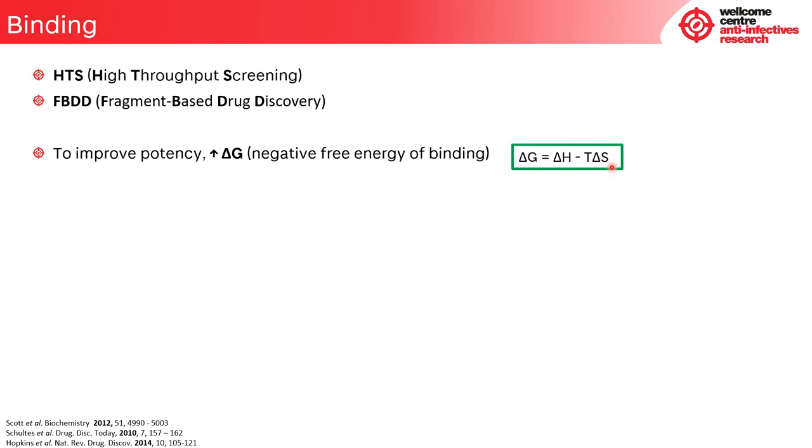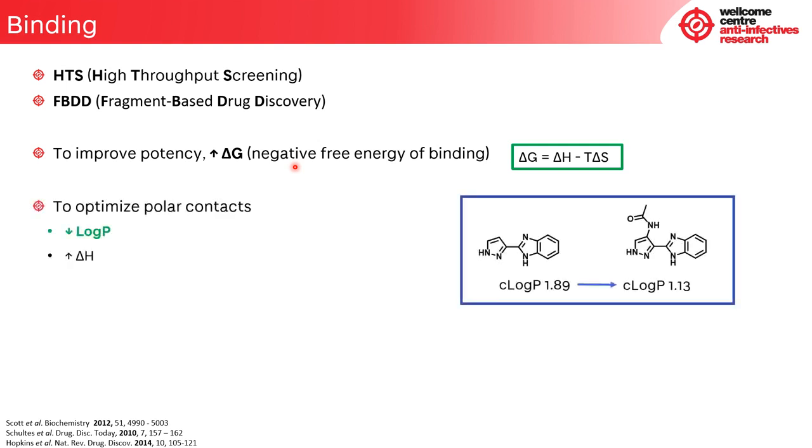It's said that by assessing this value for your molecule, you are able to gain an understanding of how a ligand progresses through the drug discovery process. Looking at enthalpy more, when you optimize polar contacts, you see an increase in enthalpy, and therefore you see an increase in the delta G value.